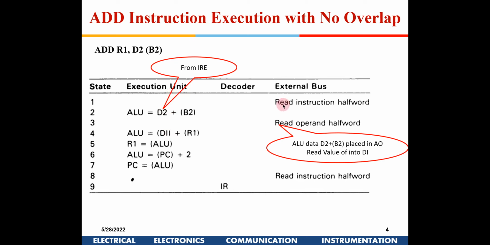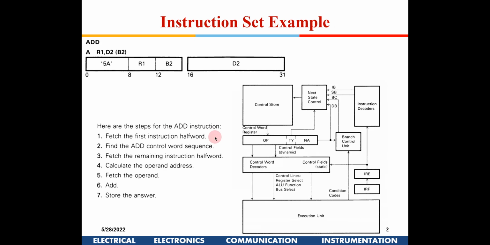So first what we are doing out here is reading an instruction, right, and now see D2 and B2. These come from the IRE register, because when we discussed in the last class, for some instructions the data, like this displacement, is available in the IRE register itself.